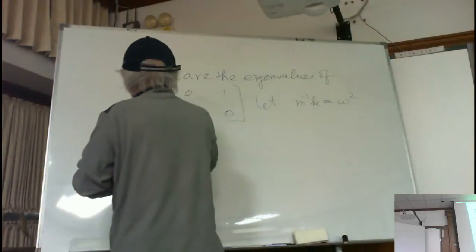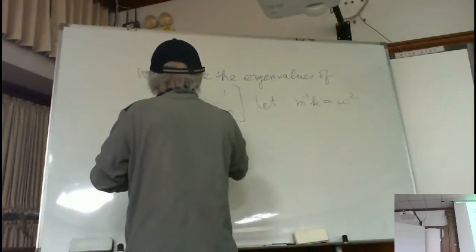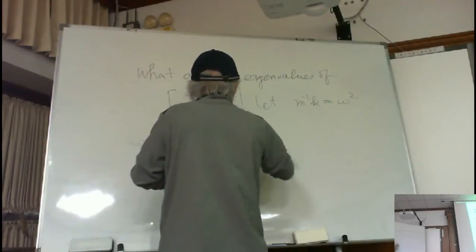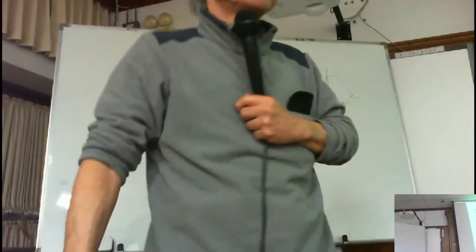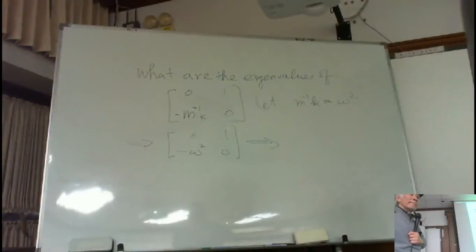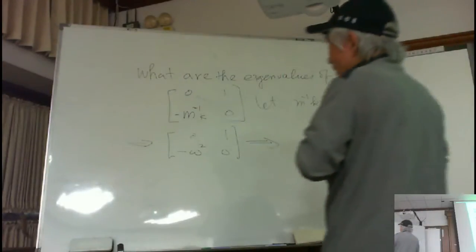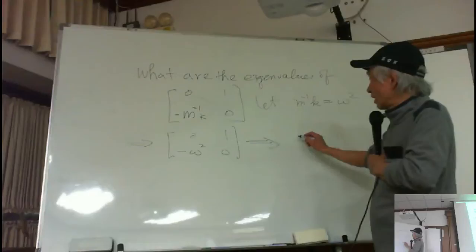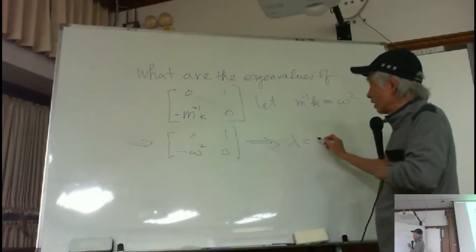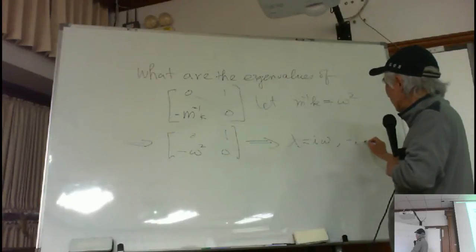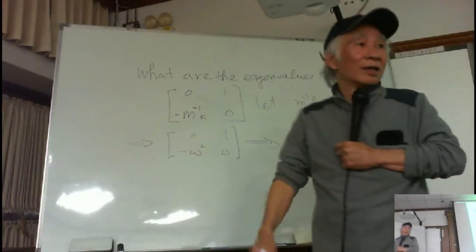That means [0, 1; minus omega square, 0]. What is the eigenvalue? Tell me. Solve it. Omega. One is i omega, another one is minus i omega, right? Agree?